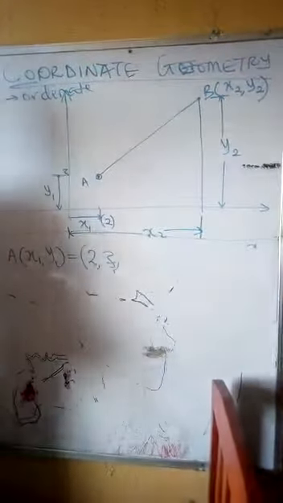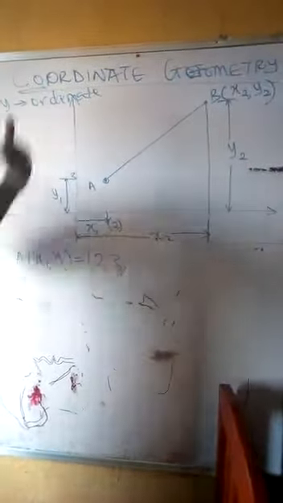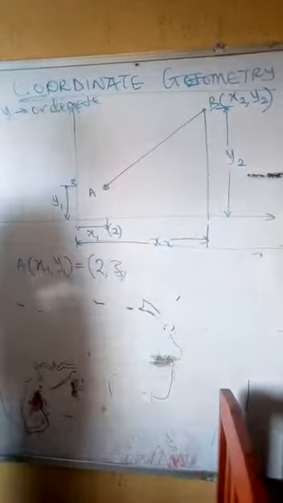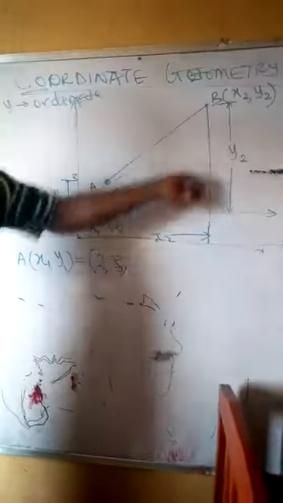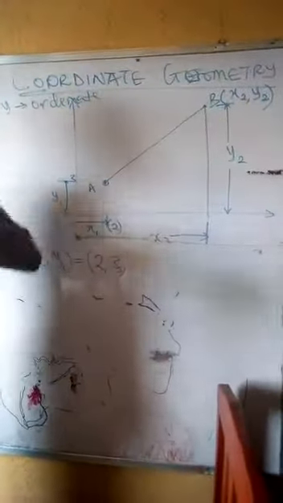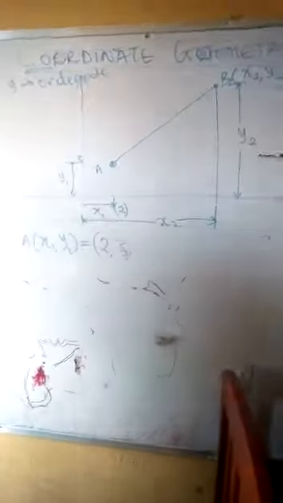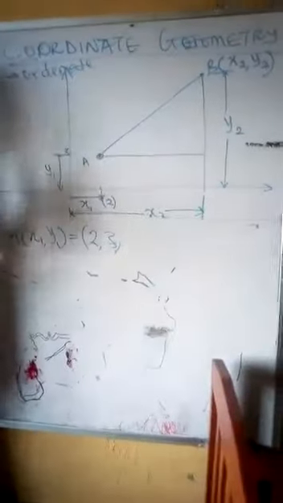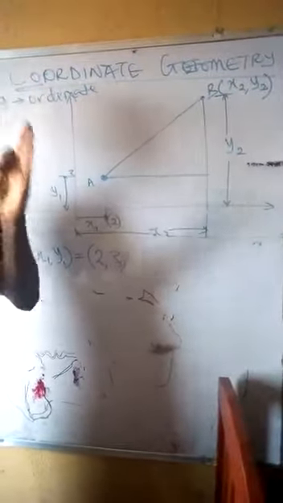So in general mathematics, we do this practically, we plot it. But here in further math, we want to avoid the stress of plotting. We want to apply mathematics to analyze all the points on this line without plotting it manually. So, this coordinate geometry has three parts: the straight line, the circle, and the conic section.